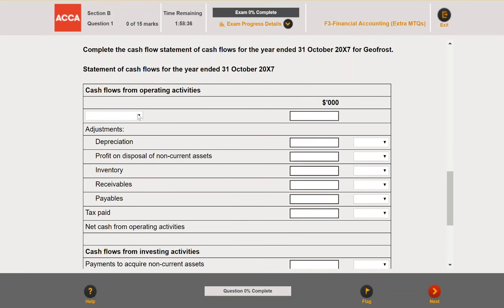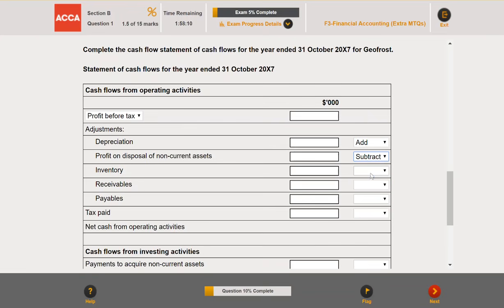So the title starts from profit before tax. And then depreciation: you should know depreciation is added back to P&L because depreciation is a non-cash expense. It has been deducted from P&L, so we are adding it back. Profit on disposal has been added to P&L, but it is non-cash, so we remove it.